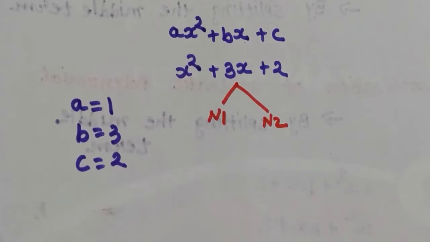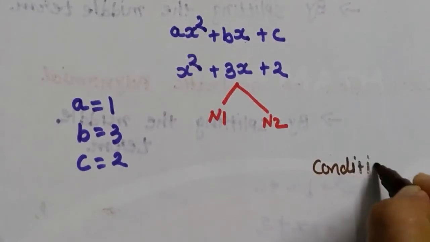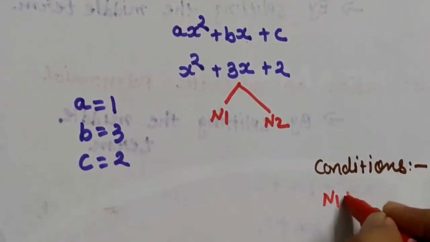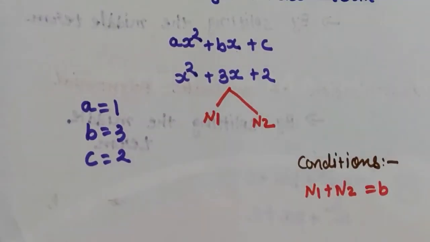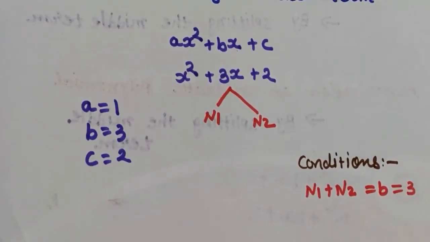Now there are two conditions to split the 3x. The first condition is n1 plus n2 is equal to b. Here it is 3. Both the numbers should be added up to 3. This is the first condition.